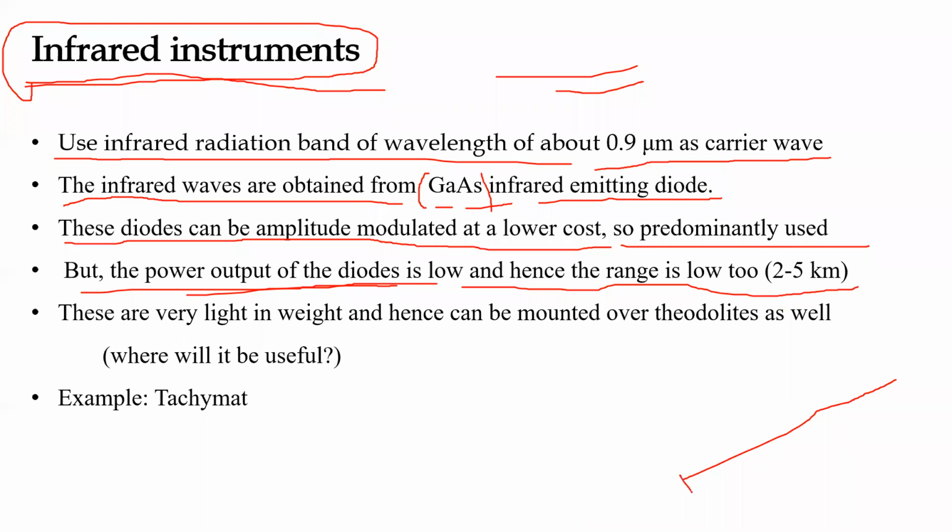It works fine up to a distance of 5 kilometer, and in most civil engineering cases that is what we require. We generally don't require measuring distances more than 5 kilometer, right? So it works perfectly up to 2 to 5 kilometer.